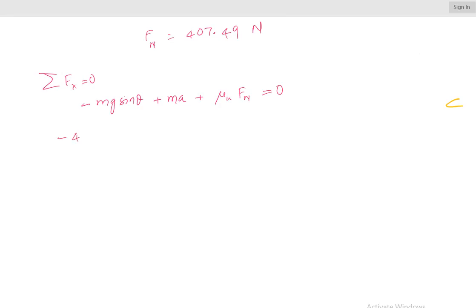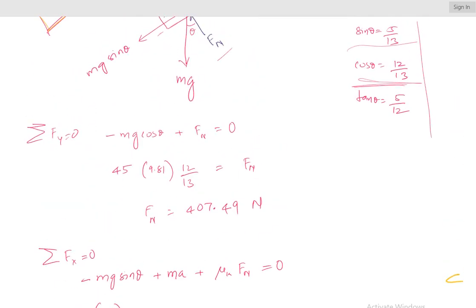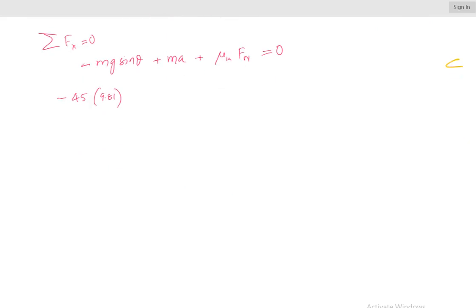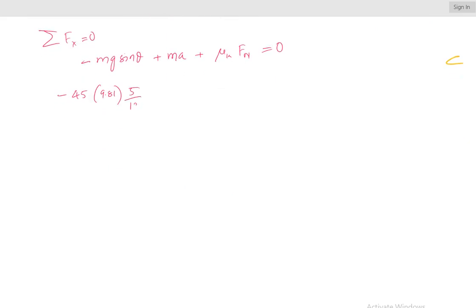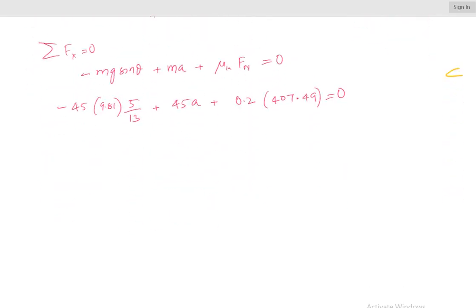So negative 45 times 9.81 times sine theta, which is 5 over 13, plus 45 times acceleration plus 0.2, which is the coefficient of friction that's given, times Fn, which is 407.49, is equal to 0.